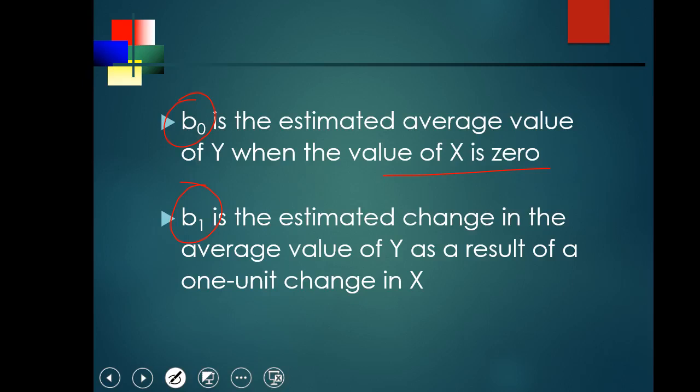So y equals beta naught plus beta 1 x can be represented by a line with y-intercept beta naught and slope beta 1. That's quite simple.